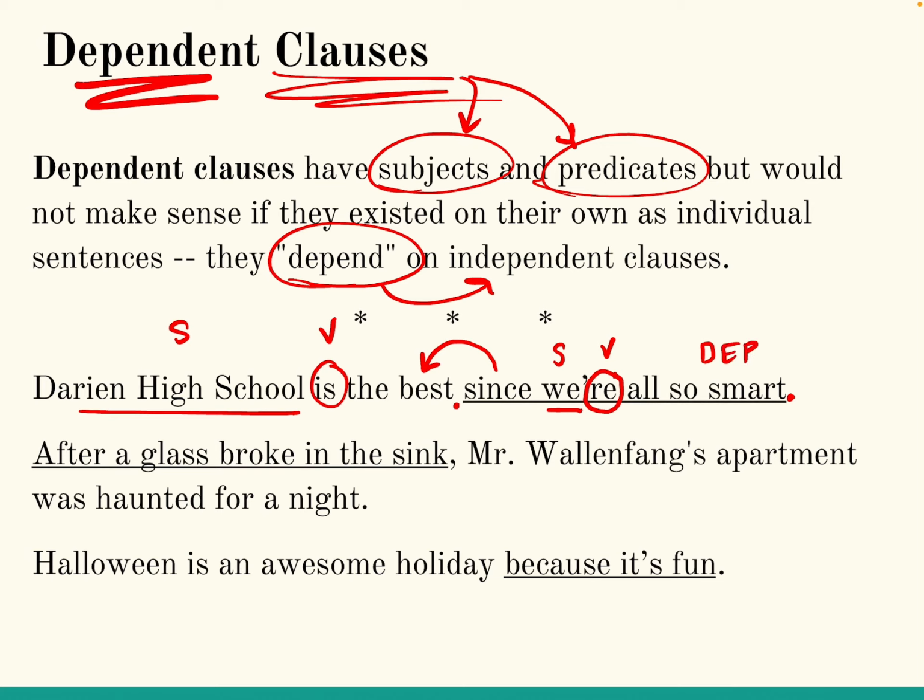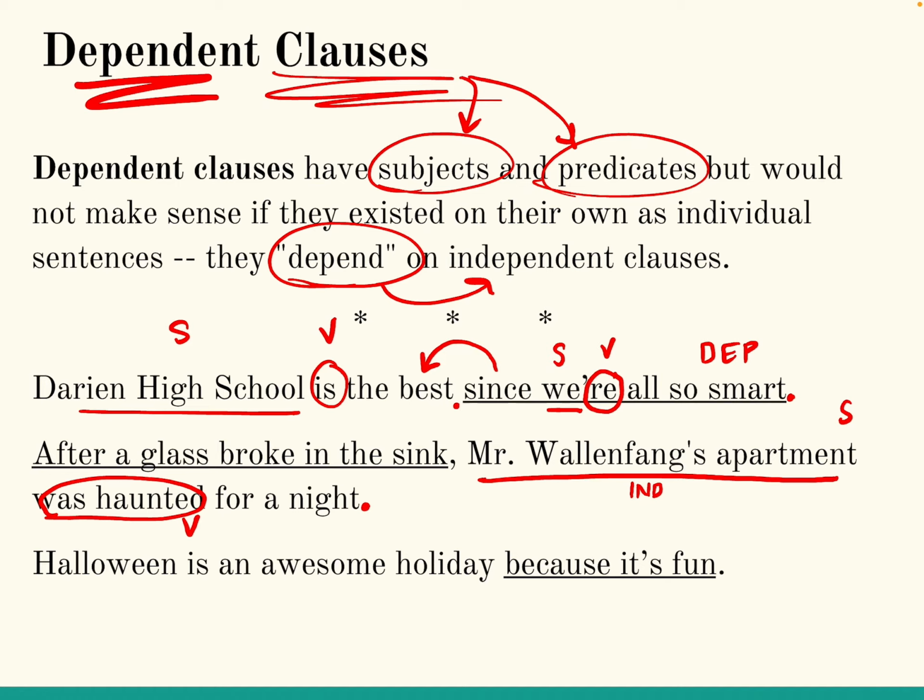The next example. After a glass broke in the sink, Mr. Wallenfang's apartment was haunted for a night. So let's just go back to where we started. Mr. Wallenfang's apartment, subject, was haunted, predicate verb, for a night. I put a period at the end of just that part, makes sense on its own. That's an independent clause. Okay, but we've got that first part that leads into the sentence.